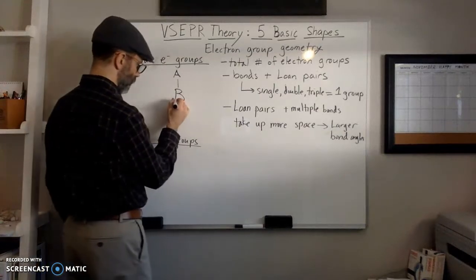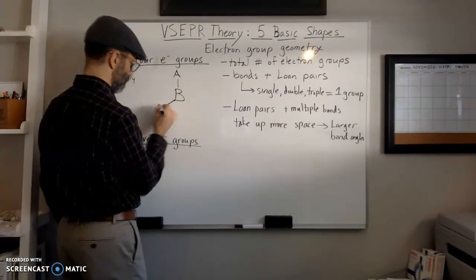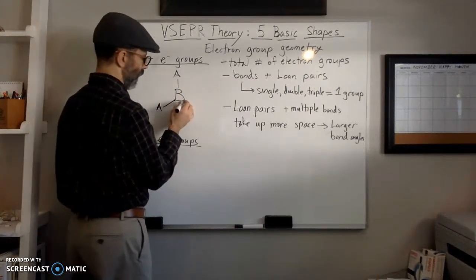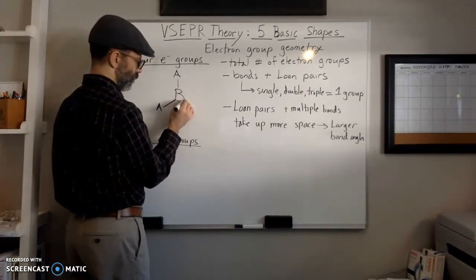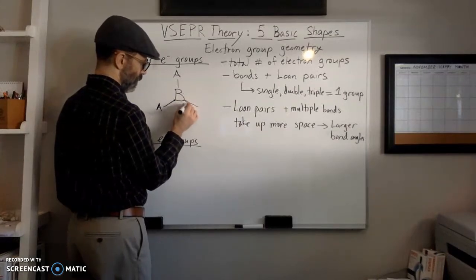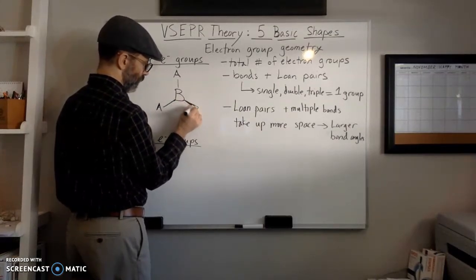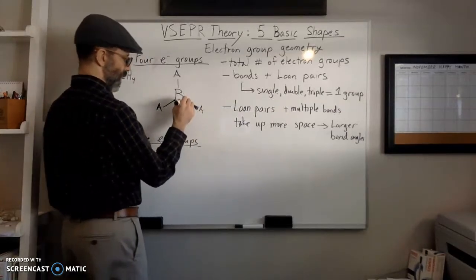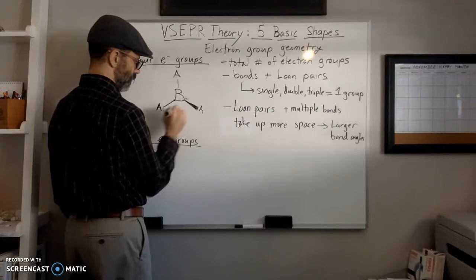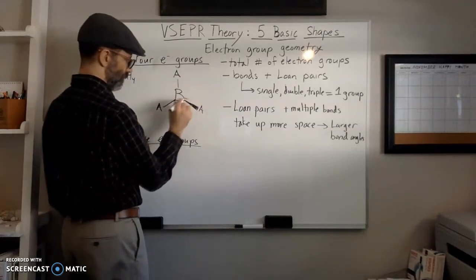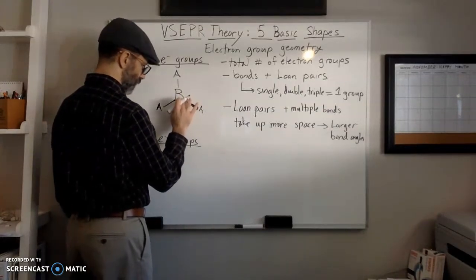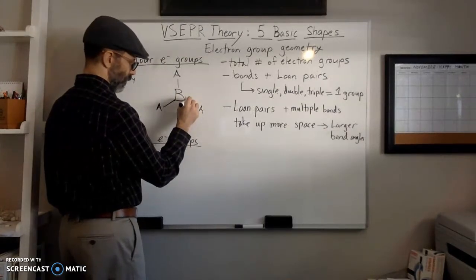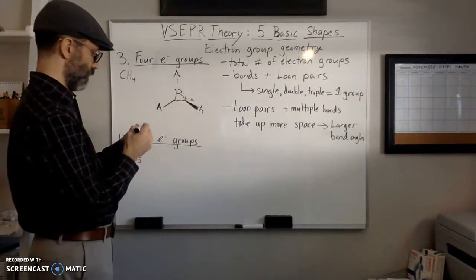So there's A. These 2 are in the plane of the board, and then I'm going to have a solid wedge here, going a little bit down. So I'm going to have an A here, and then another wedge, kind of going hashed. I said solid, but it's not solid. It's going to be hashed, so it'll look like this. So then you have an A in the background there.